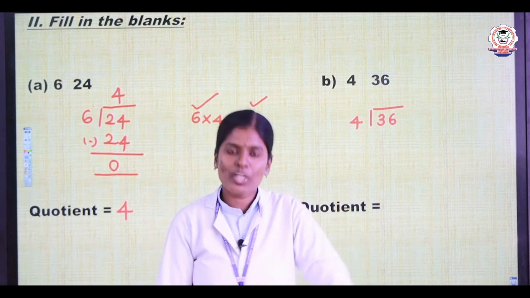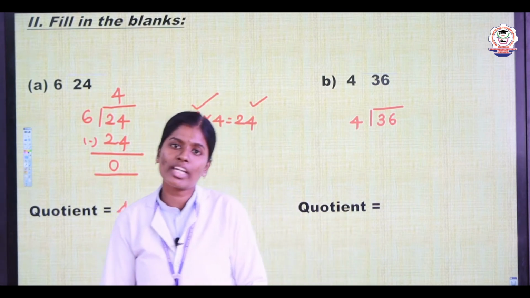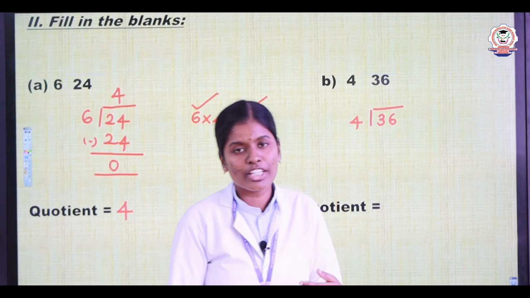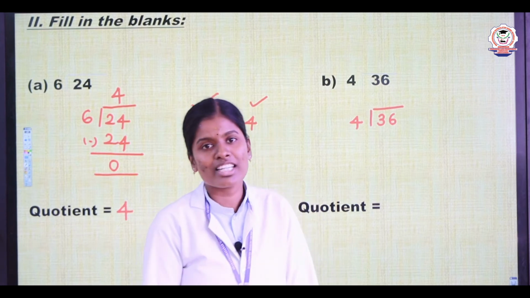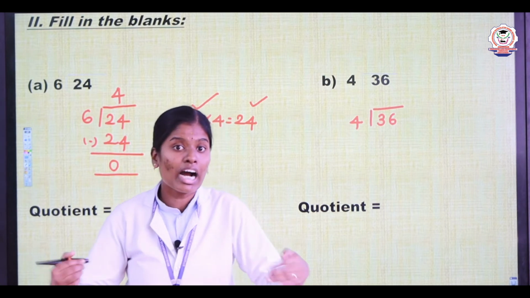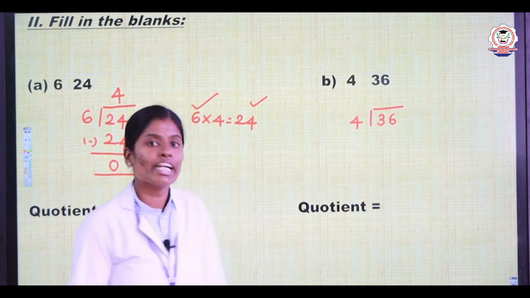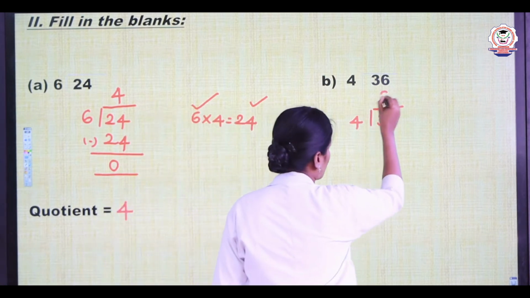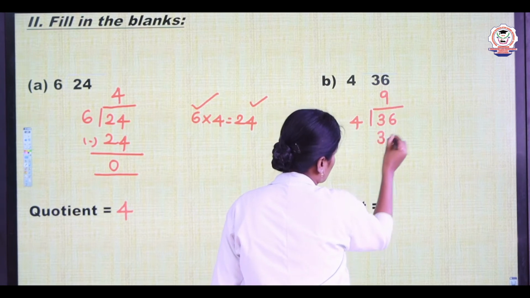Next, 4 6s are 24, 4 7s are 28, 4 8s are 32 and 4 9s are 36. Yes, in the 4 table, 36 is possible. How many times? Totally 9 times. So, write here 9 4s are 36.